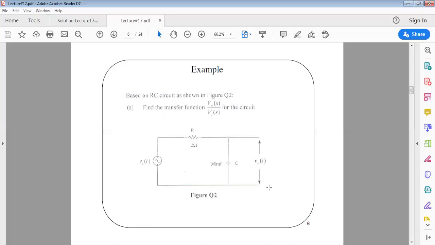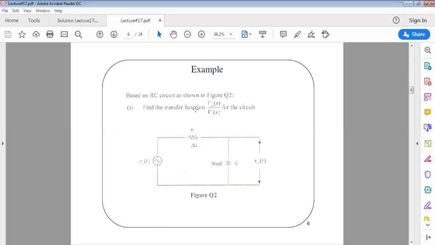The circuit in this example consists of two components only, which are the resistor R of 2 ohm and the capacitor C of 50 microfarad. So the question is, we need to obtain the transfer function.